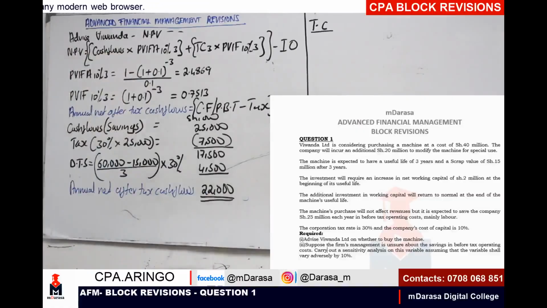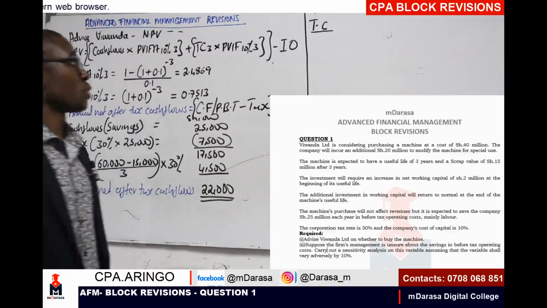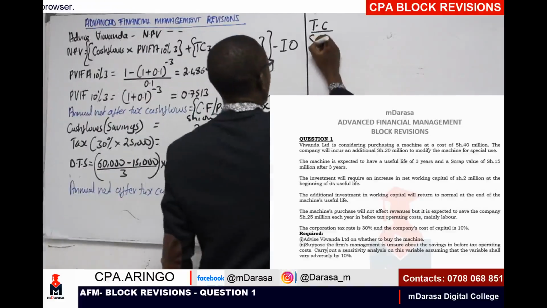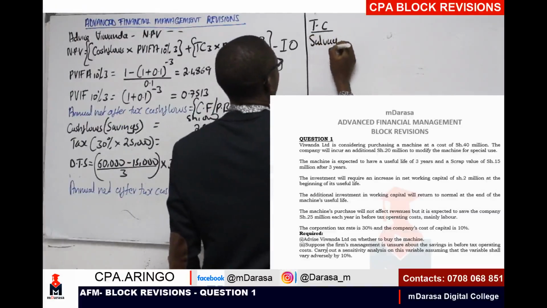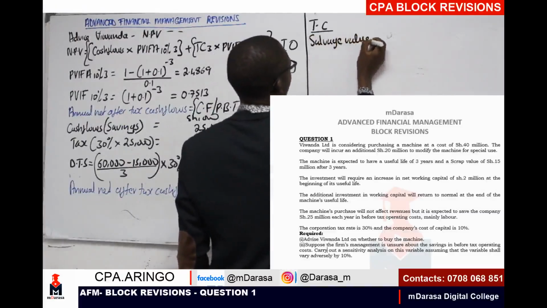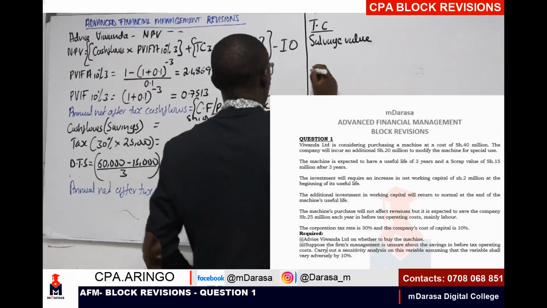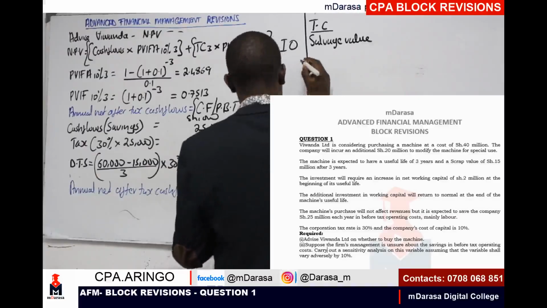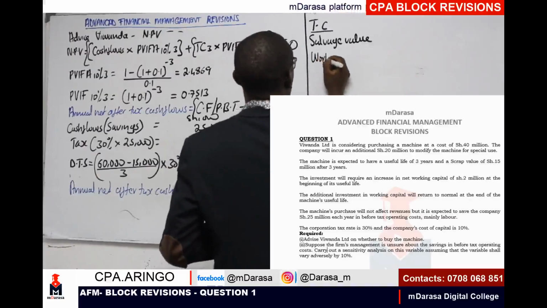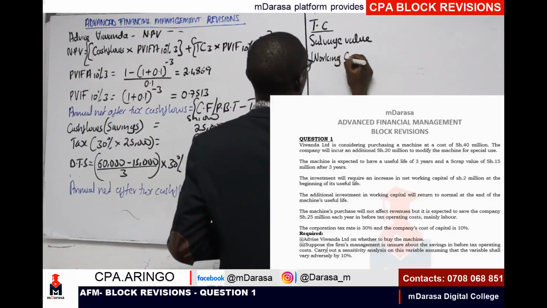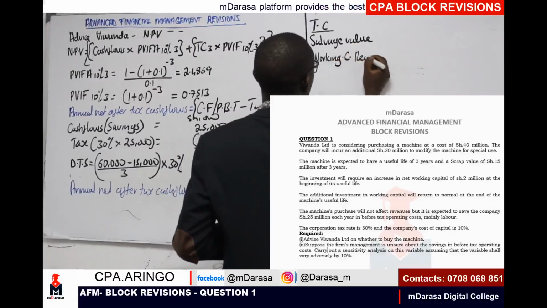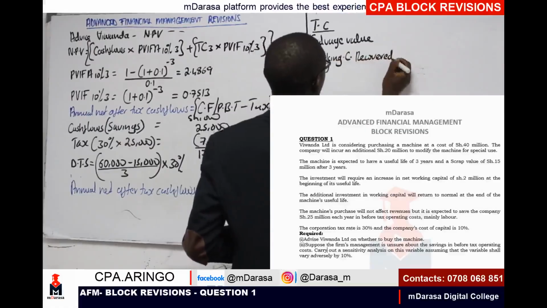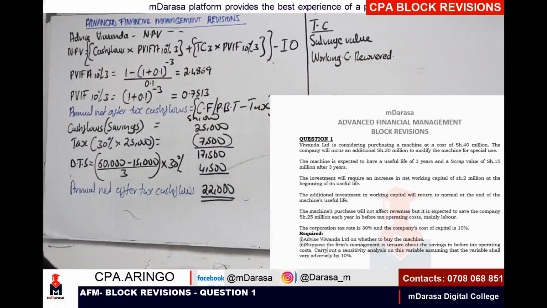This is salvage value. Salvage value in this case, you add the working capital recovered. This will give us our terminal cash flows.